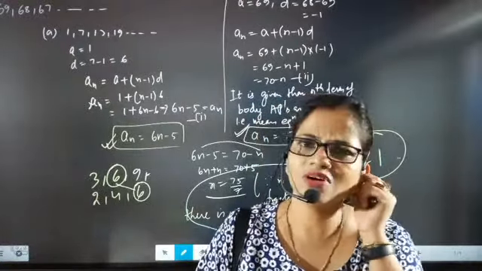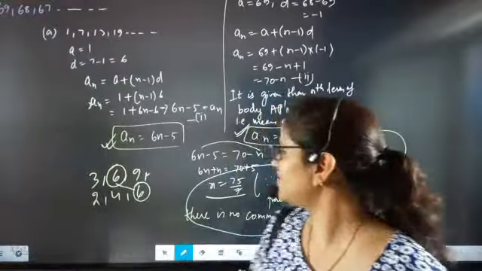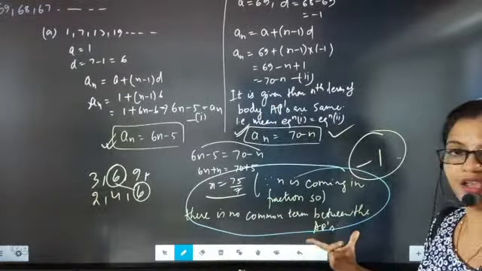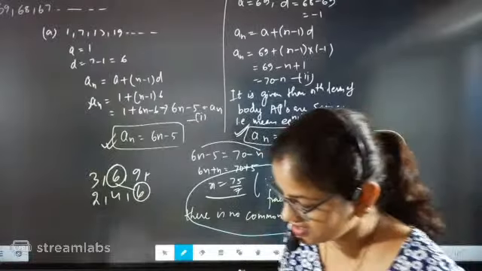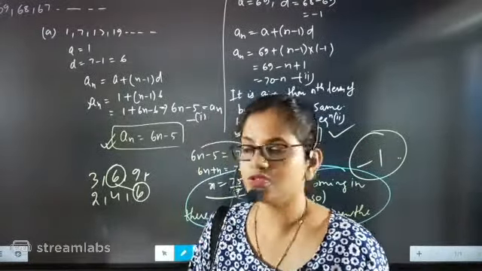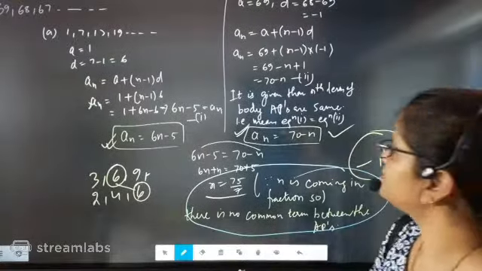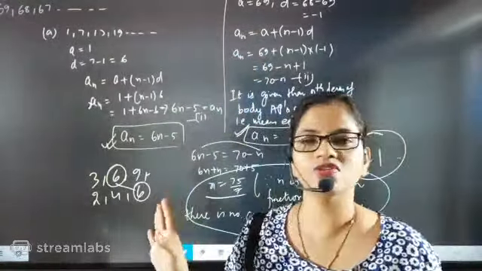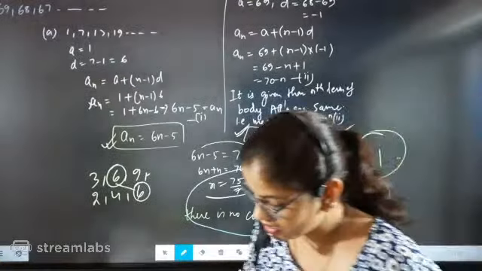I don't want to cut marks because I know you have done this much, but where a concept like this comes and I don't cut marks, then definitely next time you will make the same mistake again. Not zero, Mustafa, only less marks will be there in this section. If it is a 3 mark question, then you will get 2, but loss of 1 is a very big deal, beta.